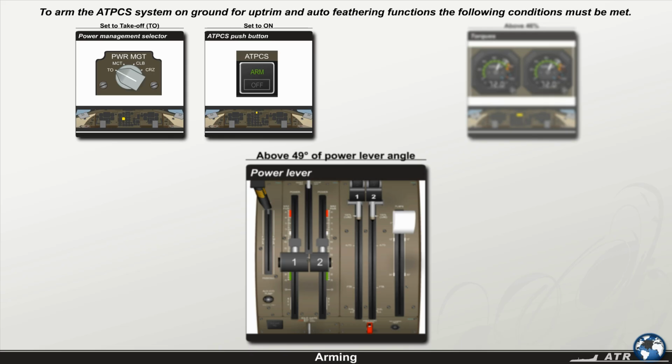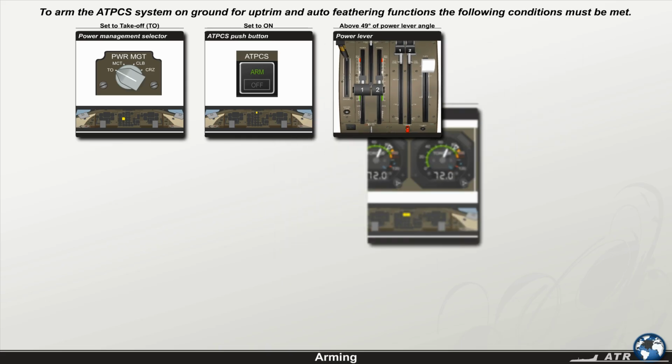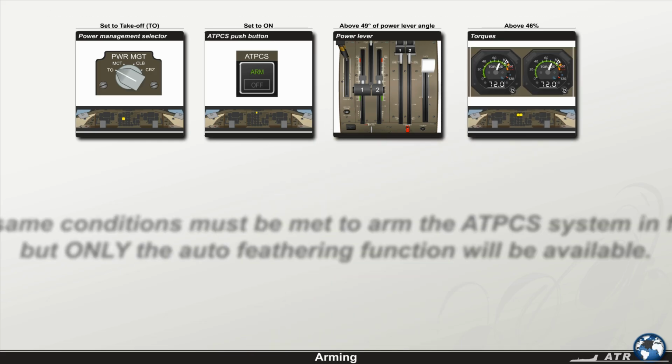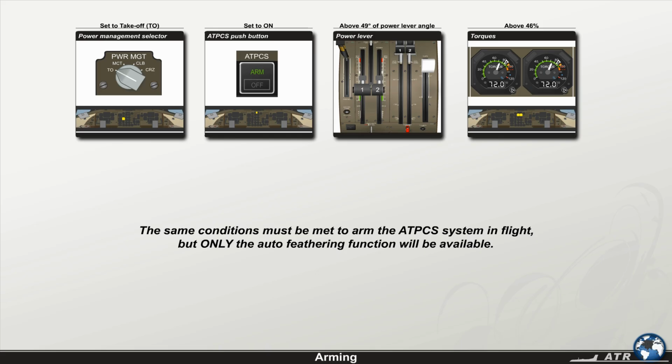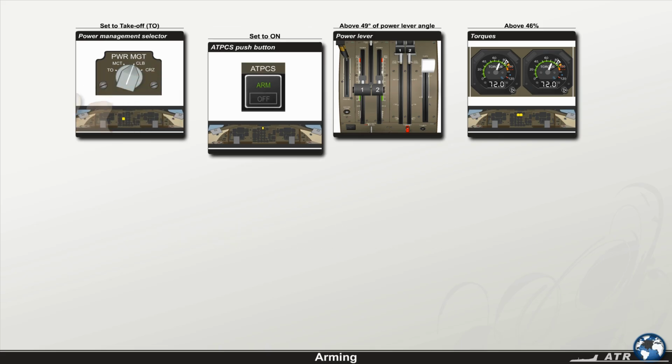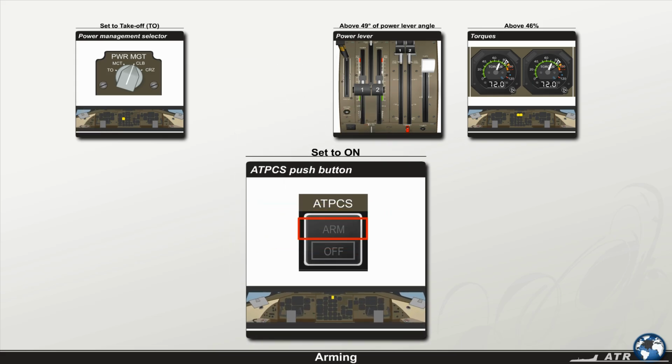Both power levers must be above 49 degrees of power lever angle, and both torques must be above 46%. The same conditions must be met to arm the ATPCS system in flight, but only the auto-feathering function will be available. If one of the conditions is no longer met, the system will be disarmed.